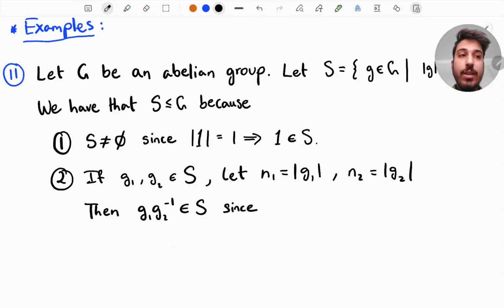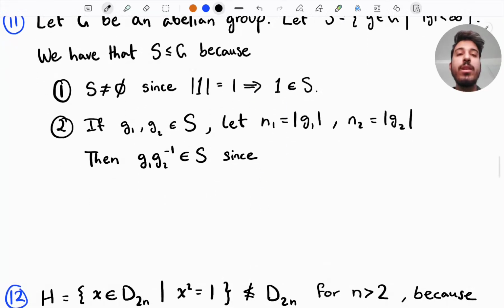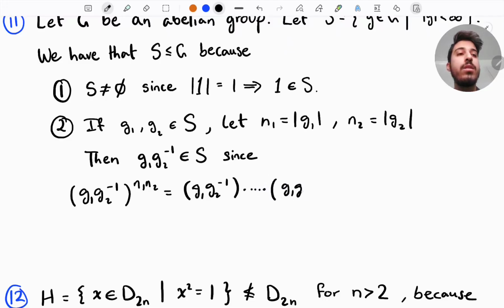And the suggestion that I'm going to use here is that it's n1 times n2, or at least less than n1 times n2. So g1 g2 inverse to the power n1 n2, literally speaking, repeats g1 g2 inverse times itself n1 n2 times.